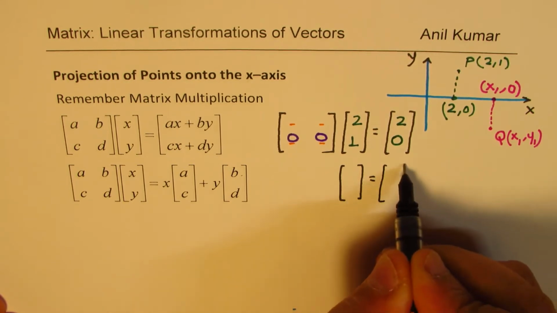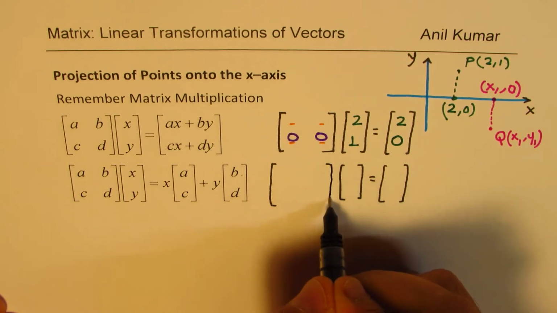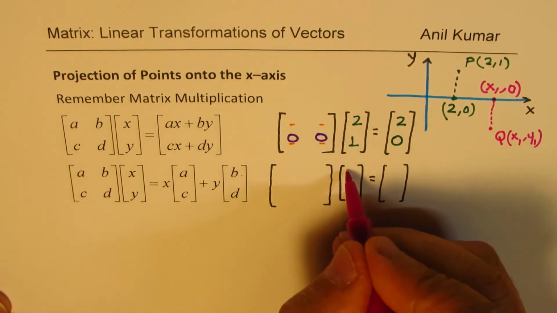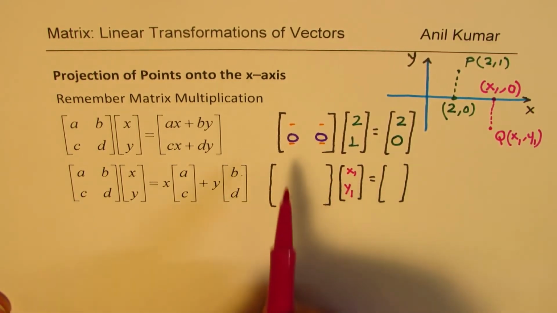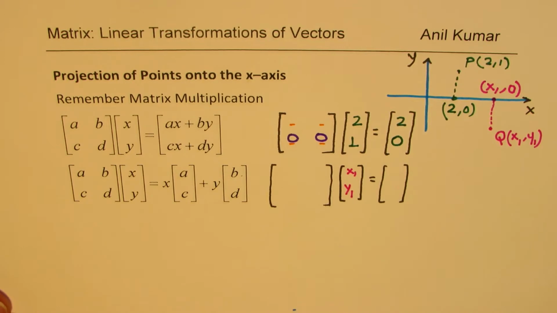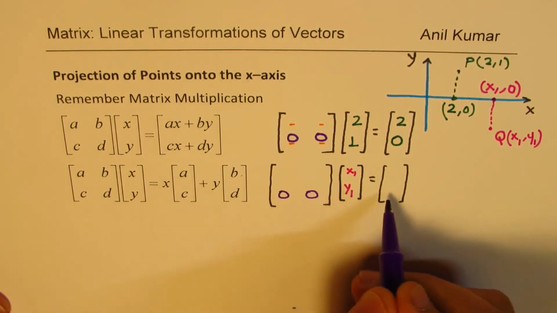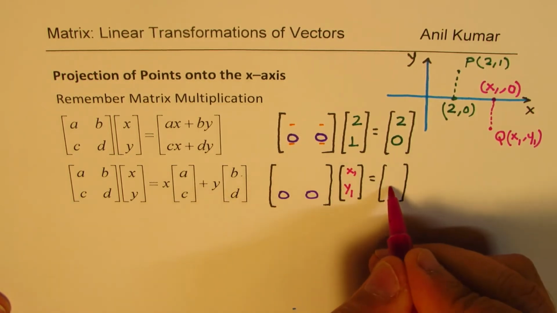And see whether the formula which we are developing using this transformation matrix works in general or not. Right? So we have a point here x1, y1. So if I have these two as zeros in my 2 by 2 matrix, then I am sure the result here will be 0.